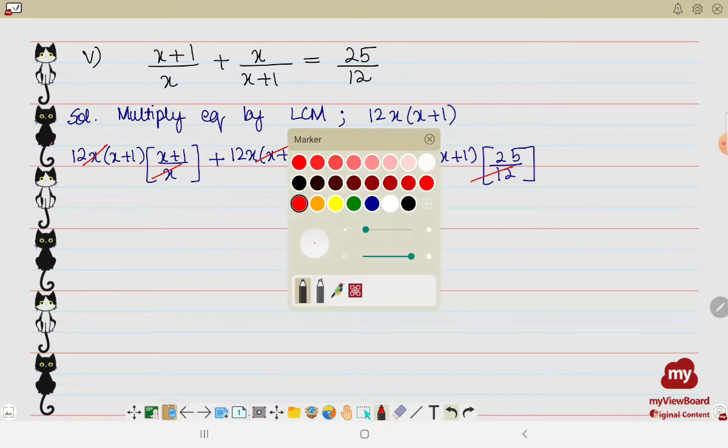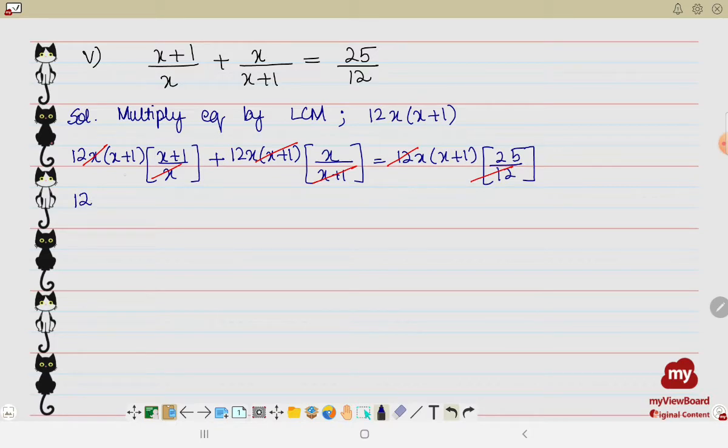Now we'll write down the remaining terms. So 12 as it is, x plus 1 into x plus 1. Actually, it becomes the first algebraic identity. You can open it directly, or you can expand it like this, and then plus 12x squared, equals 25x into x plus 1. Now we are going to solve it further.